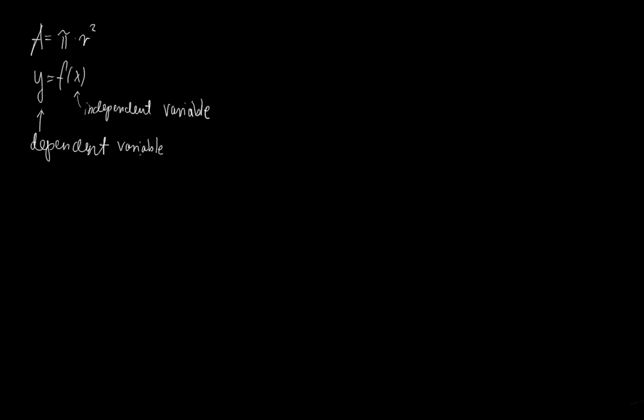The set D of all possible input values is called the domain of the function. So big D means the domain of the function, and these are all possible input values.